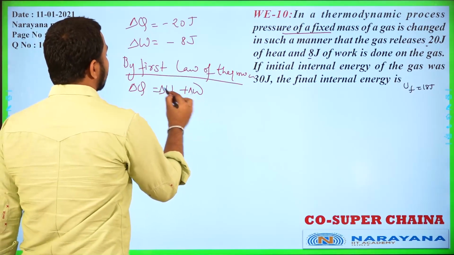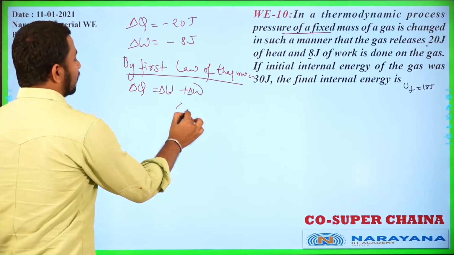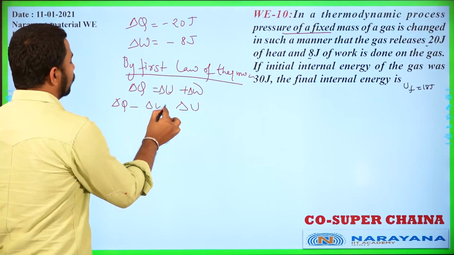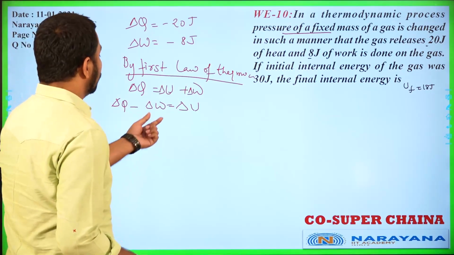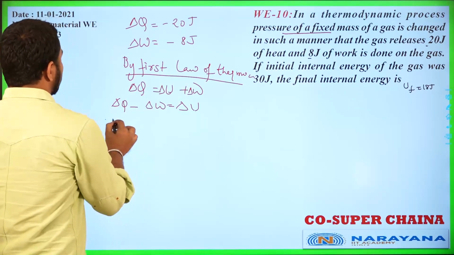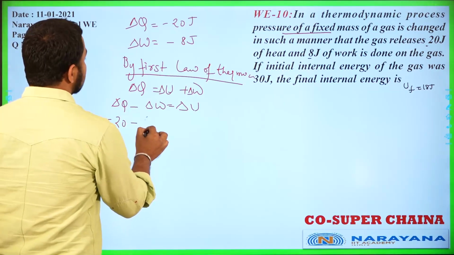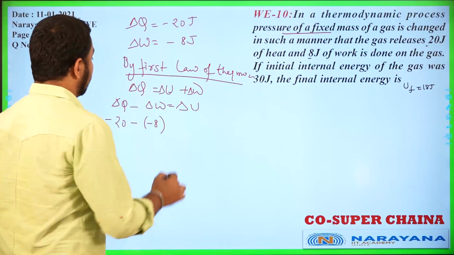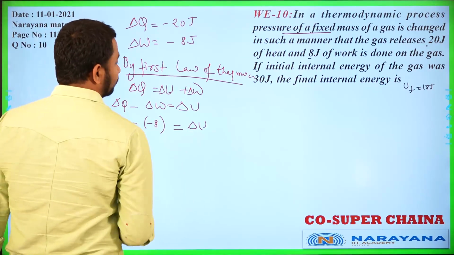So delta U, students, will be equal to delta Q minus delta W. Carefully substitute the values of Q and W. So we will get minus 20 minus of minus 8, and this will be delta U.